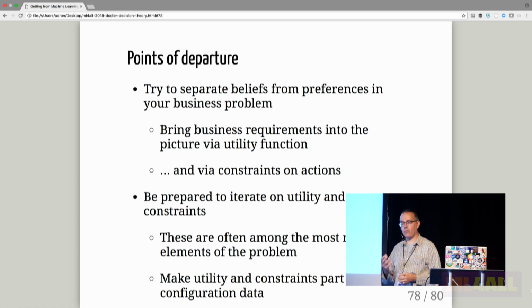So one possibility is to make the utility and possible action list part of the configuration data for any implementation, so that it's something that you can go back and iterate on and change easily and bring new information into play.